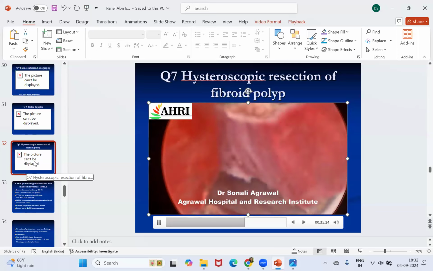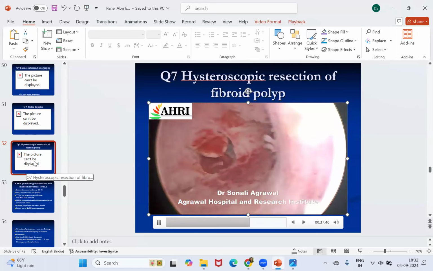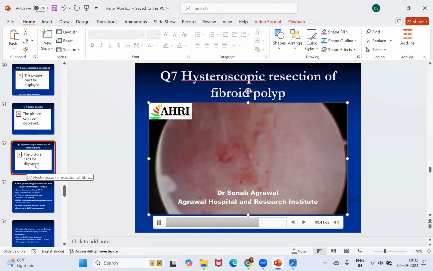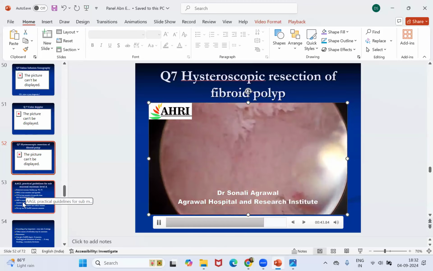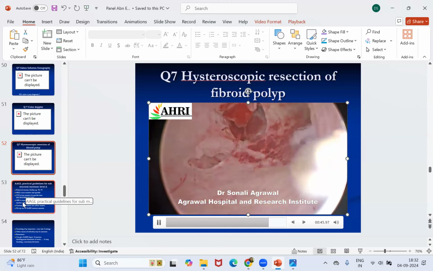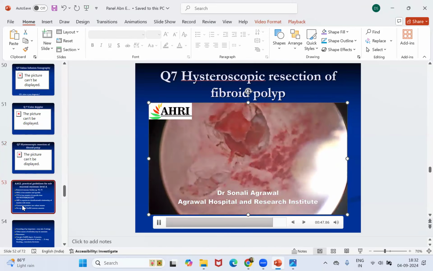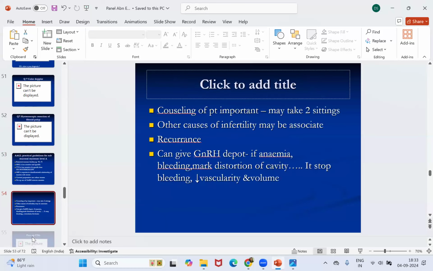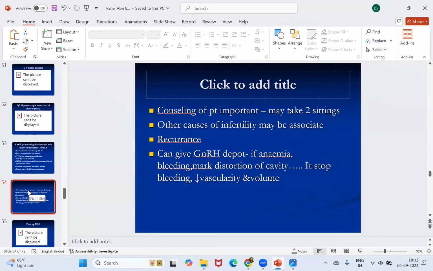So before taking her in, we would explain to her about the location and the size of the polyp, and we will also take a consent that there may be a need for a second sitting or multiple sittings to remove the entire polyp, and there may be a chance of uterine perforation, but it will be very less if we take a lot of precautions not to overcut the polyp while using the resectoscope.